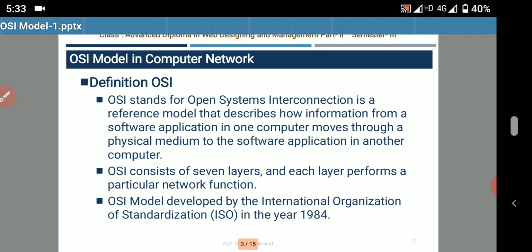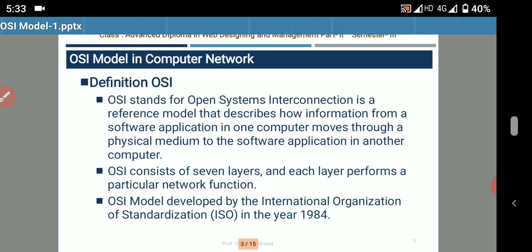It is a reference model that describes how information from a software application in one computer moves through a physical medium to the software application in another computer. So let me tell you in simple definition. OSI model defines how data is transferred from one computer to another computer in a computer network.